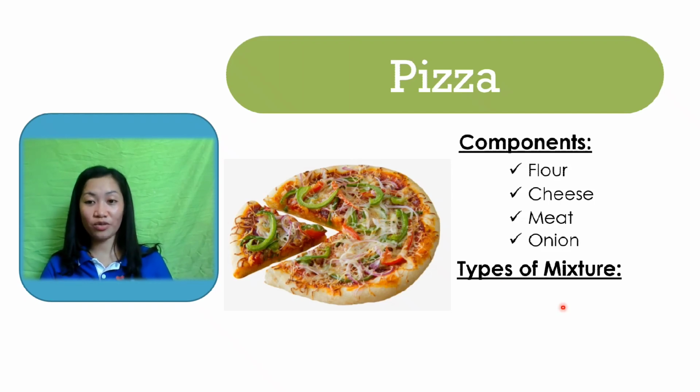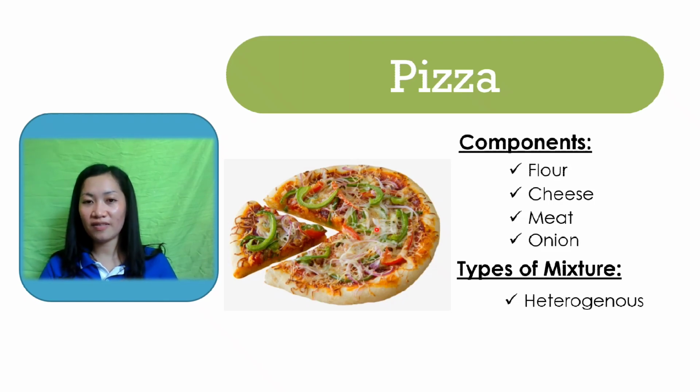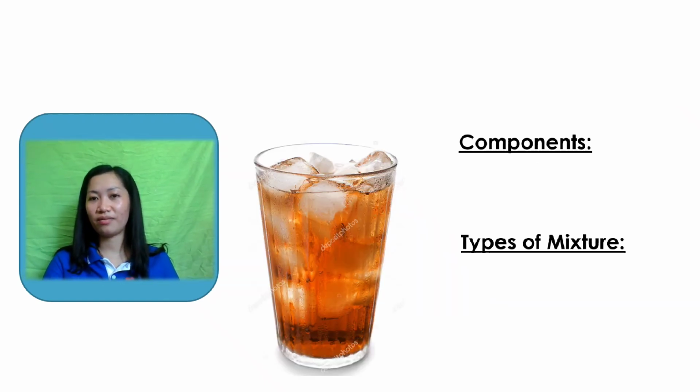Is it heterogeneous or homogeneous? Alright, if your answer is heterogeneous, then you're right. Because pizza is not uniform in size. Also, the mixture is not uniform. Okay, so that is heterogeneous.